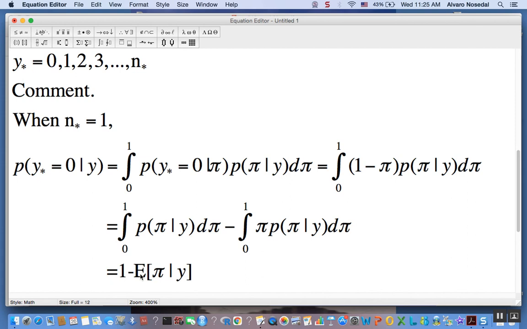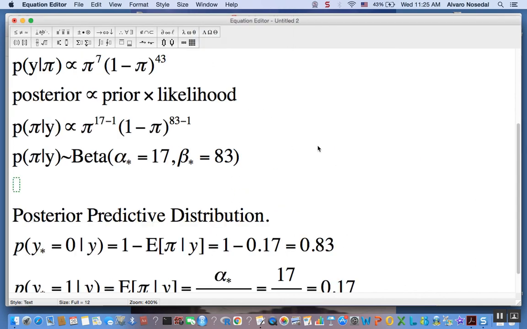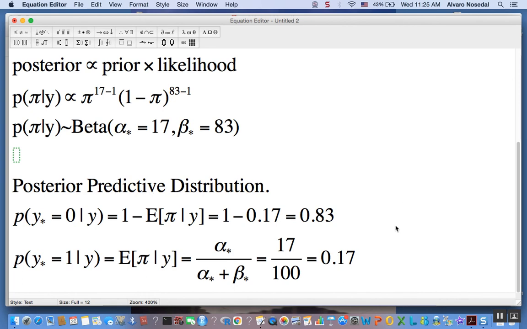Again, this is the posterior mean. And finally, we talked about an example so we can see things in a more concrete way.